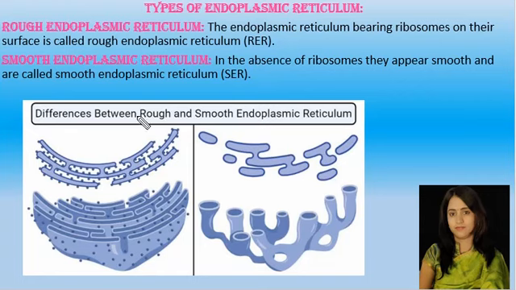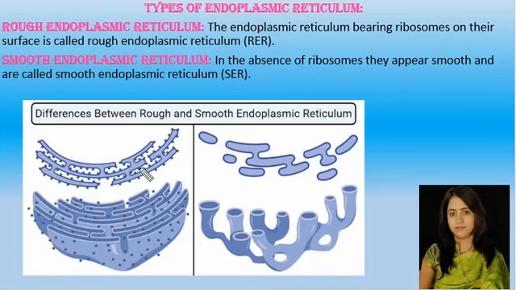The rough endoplasmic reticulum is formed of cisternae and few tubules, whereas the smooth endoplasmic reticulum is made up of vesicles and tubules. The rough endoplasmic reticulum helps in the formation of lysosomes, whereas the smooth endoplasmic reticulum gives rise to spherosomes.